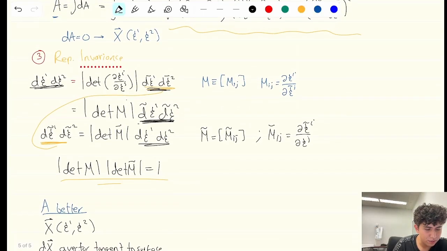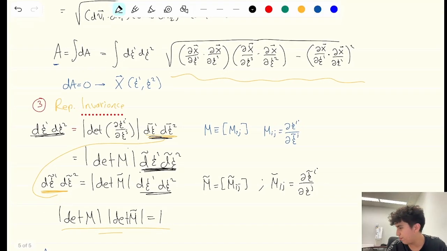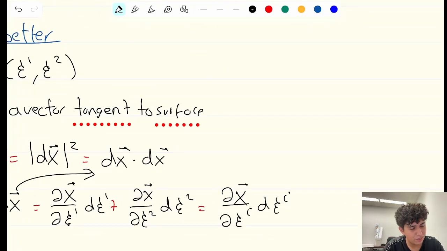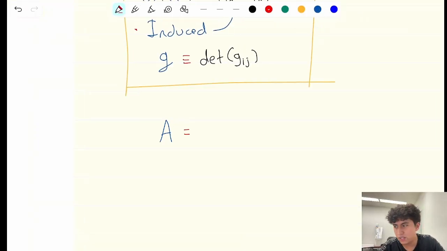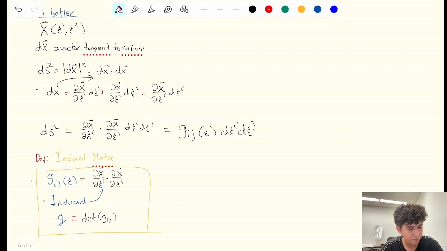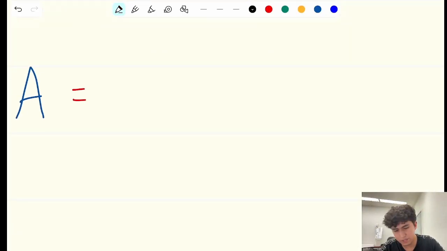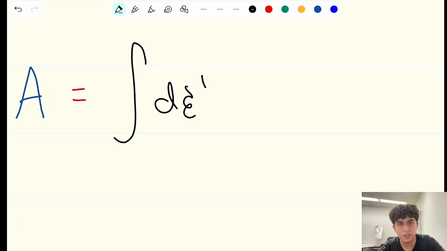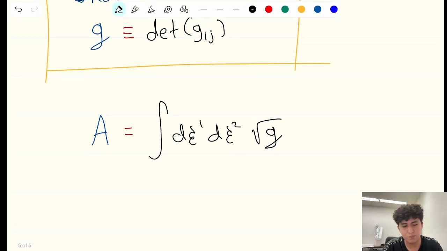We can go to the area, and if we use the simplification here, we can write the area to be the integral over the two parameters, parameter 1, parameter 2, of the square root of g, where g is the determinant of the induced metric.